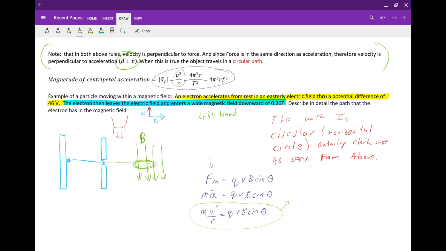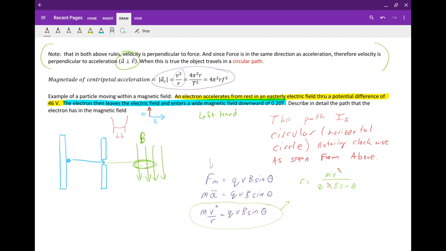And look how easy this is going to be. I'm going to pop r up there due to algebra. So r is equal to the mass times v squared over qvB sine theta. And it turns out one of these v's cancels with that.